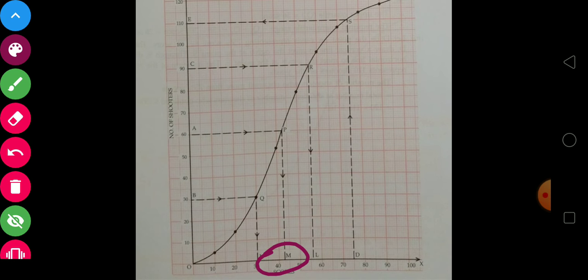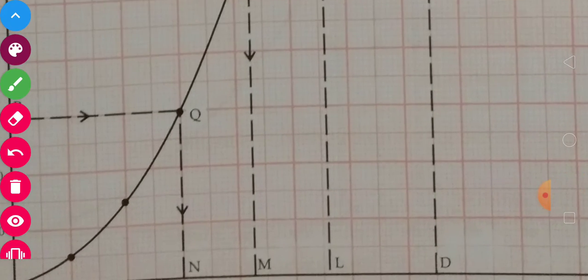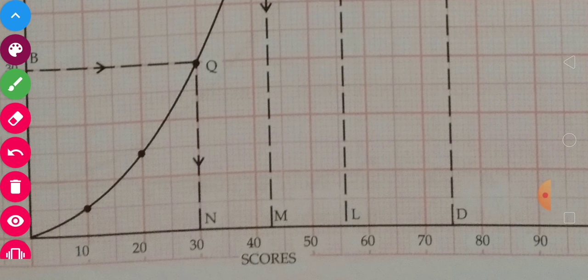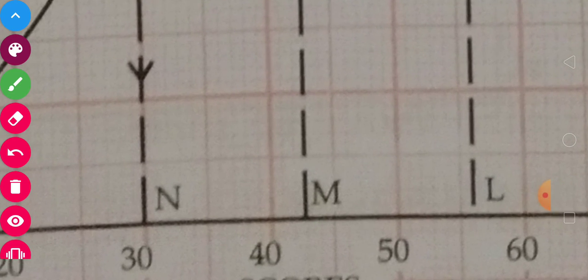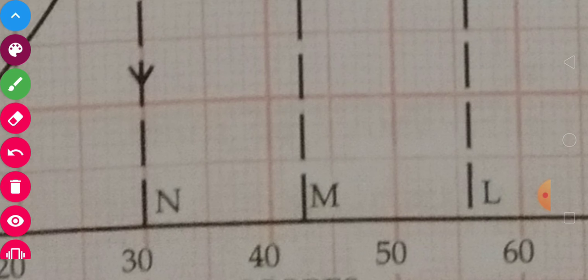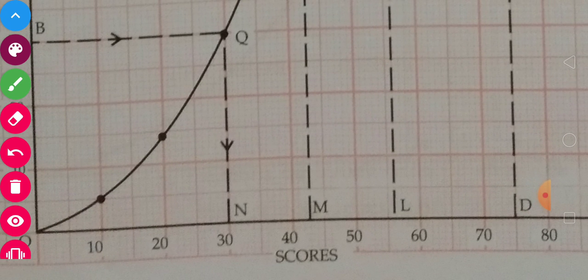Wherever it touches the x-axis, that point is your median. Here in this case it touches, suppose, the third line from 40. Because the distance between 40 to 50 is 10, each line resembles one score. So 41, 42, 43, it is on the third line, so I can say that my median is 43.